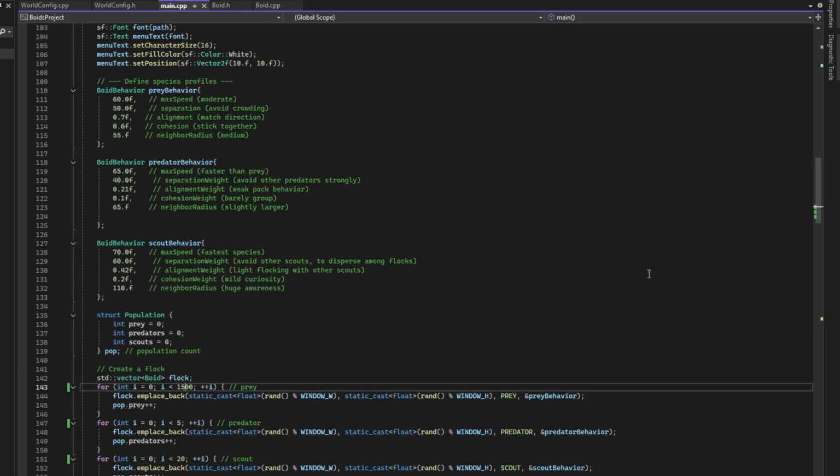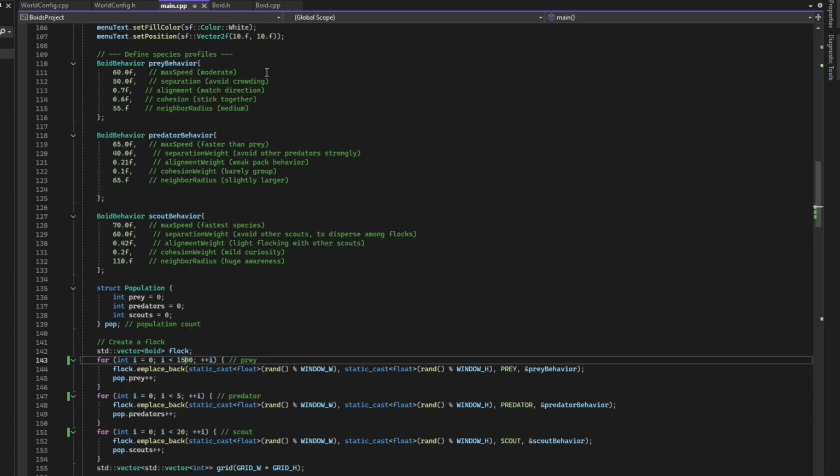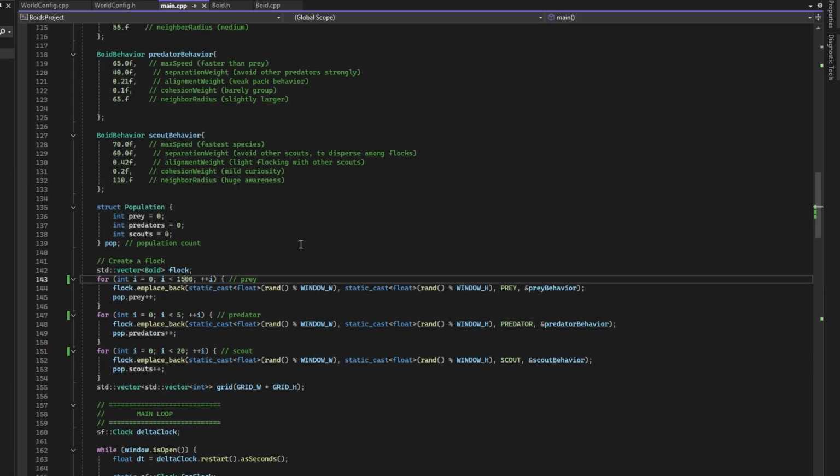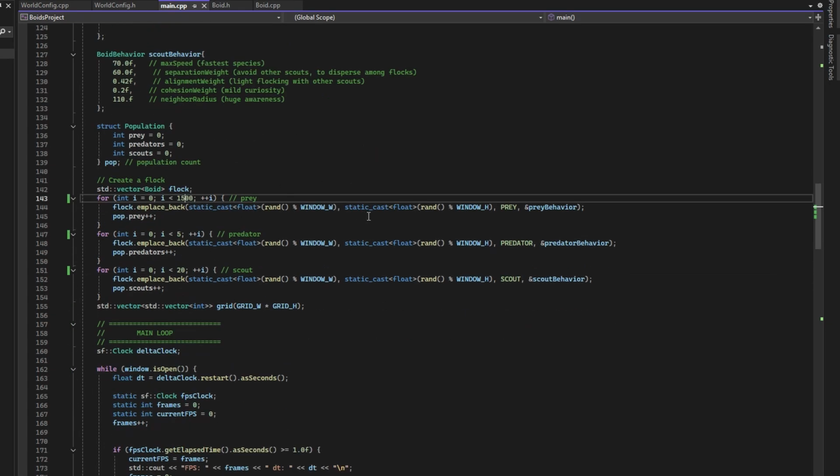These are the behaviors that they all spawn with: max speed, separation, alignment, cohesion, and radius. And each species has their own subclass, and that all gets passed in when I create the flock.